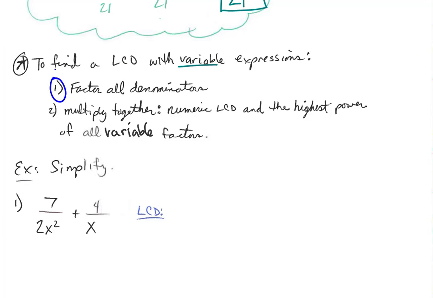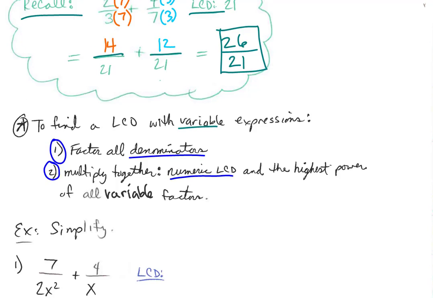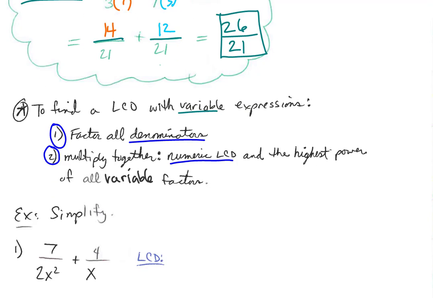So first, we're going to factor all denominators. Well, we've been factoring a lot lately, so that should be no surprise to us. Secondly, we're going to multiply together a couple things. The numeric LCD of those denominator factors. You may have just numeric or constant factors in the denominators, and those factors would have an LCD just in terms of arithmetic like we did here above in this warm-up example.